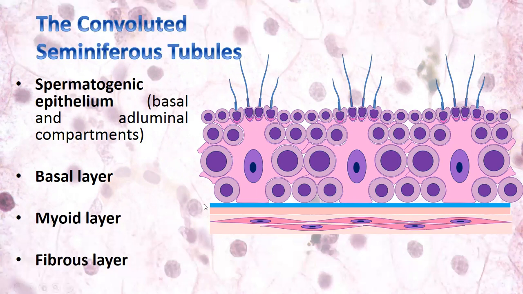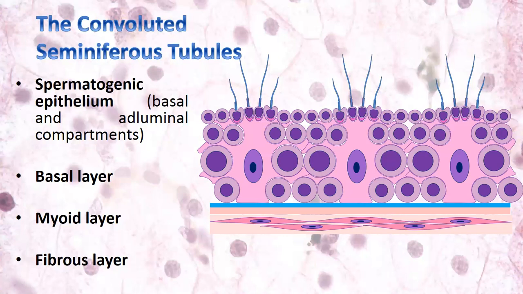That's why they are called myoid cells, alike myocytes, but not myocytes. And they have the ability for contraction. They are contractile cells, and they contain actin and myosin filaments. This contraction of the myoid layer results in a kind of peristalsis of the seminiferous tubules, and it helps to move spermatozoa through the lumen of the seminiferous tubules.